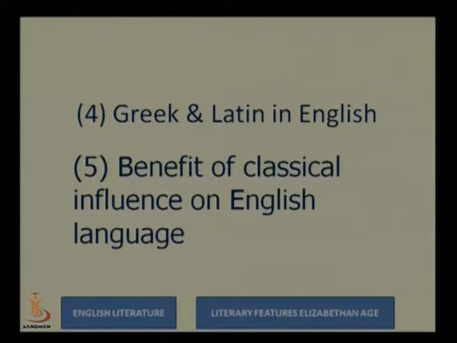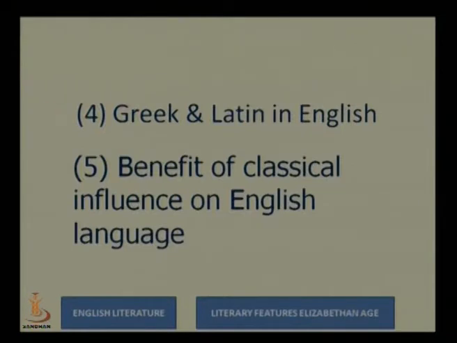You will find the influx of Greek and Latin in the English language. That's why when we read a text written during the Elizabethan age, you will find not only the matter, the substance of Greek and Latin, but you will also find Greek words and Latin words which made entry into the English language.